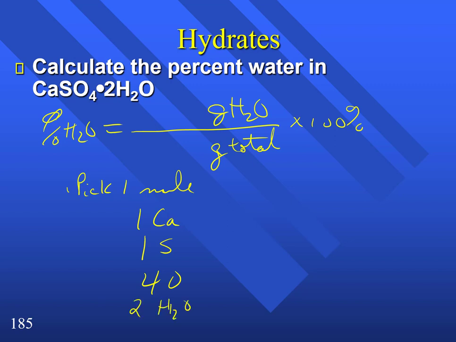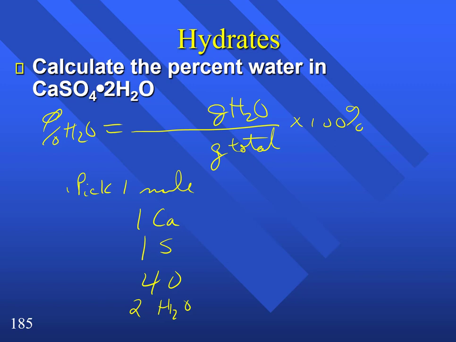I'm not going to do 6 O's and 4 H's. I want them separate because I want to know grams of H2O. So I should figure out grams of H2O along the way. See why I want to do that? I want that number up there.